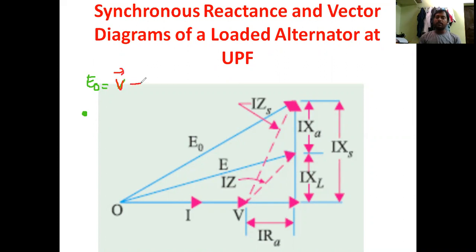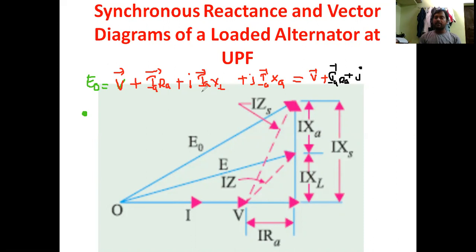These are the vector sum: V plus IA RA plus j IA XL, the leakage reactance, plus j IA XA, the armature reaction reactance. Here IA is common, so I'm writing V plus IA RA plus j IA times (XL plus XA), that is XS.